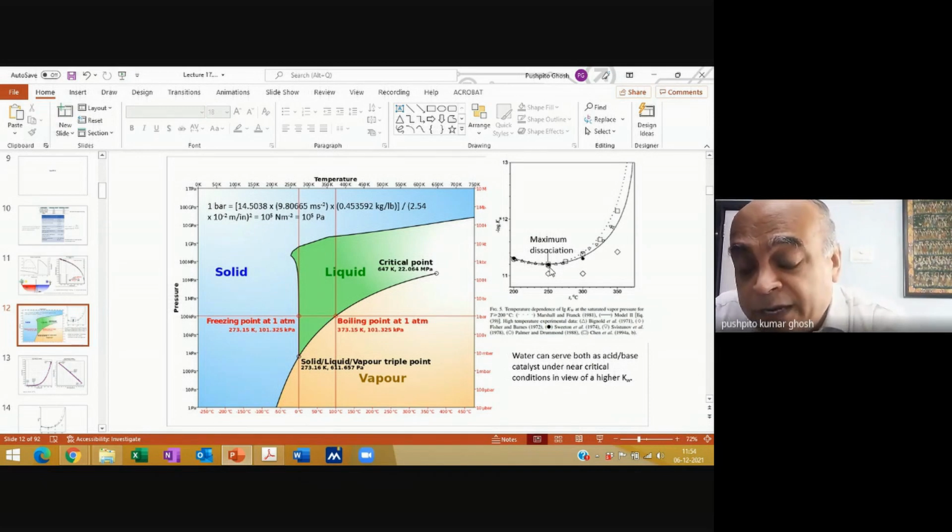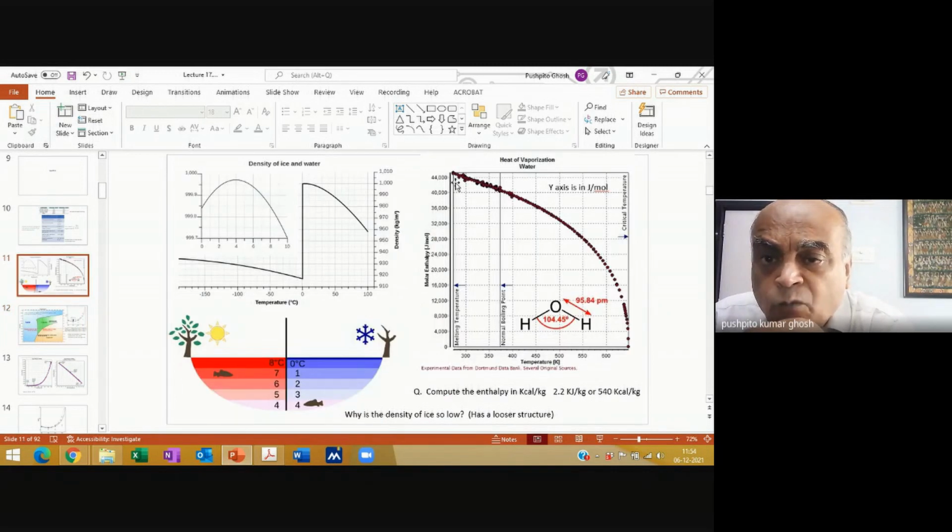That would be great, because you don't have to add it. In the supercritical region, of course, the pKw is again going up, but what we have seen is that the heat of vaporization goes virtually to zero. So what does that mean? What will be its property now?